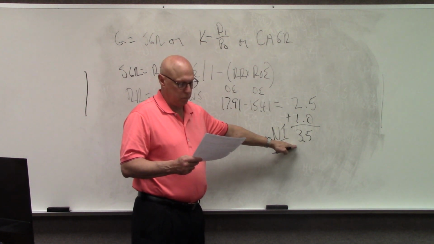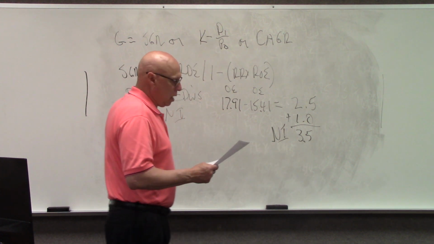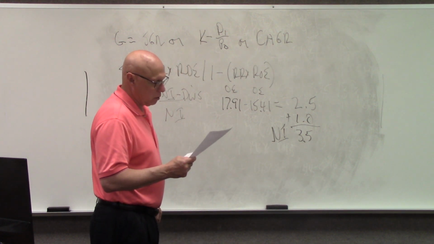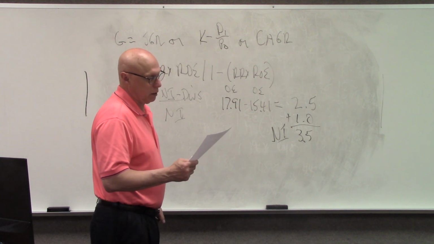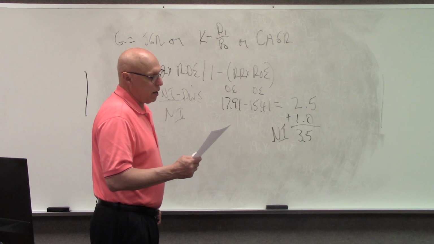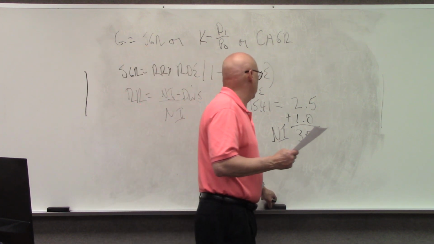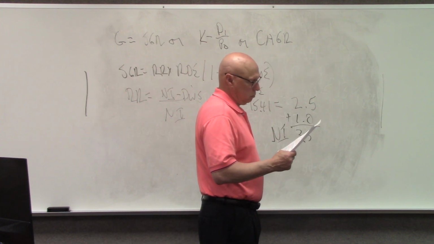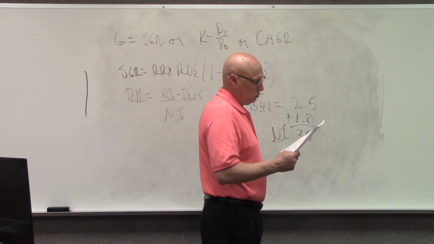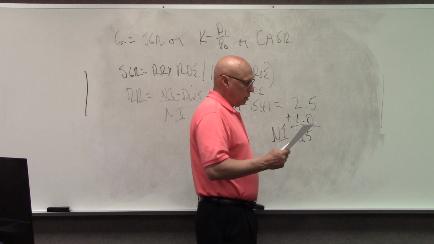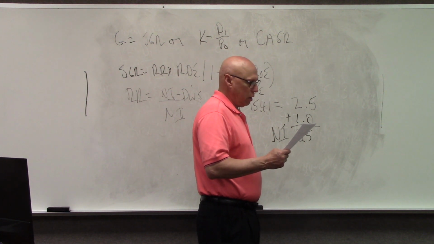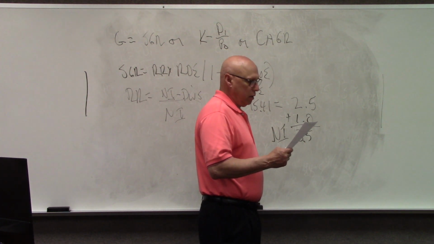Let's make sure we're doing this right. I'm over calculating this. I'm making this tougher than it has to be. They earned net income of $2.5 million. Well, let's see what we have for the retention rate.